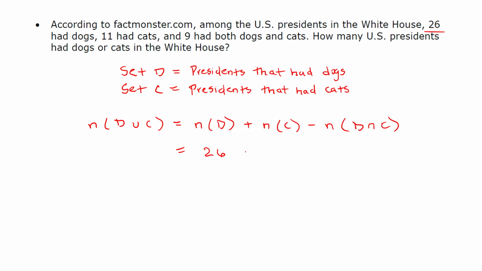The number of presidents that had cats was 11. And the number of presidents that had cats and dogs was 9. So 26 plus 11 is 37, minus 9 is 28. So 28 US presidents had dogs or cats in the White House.